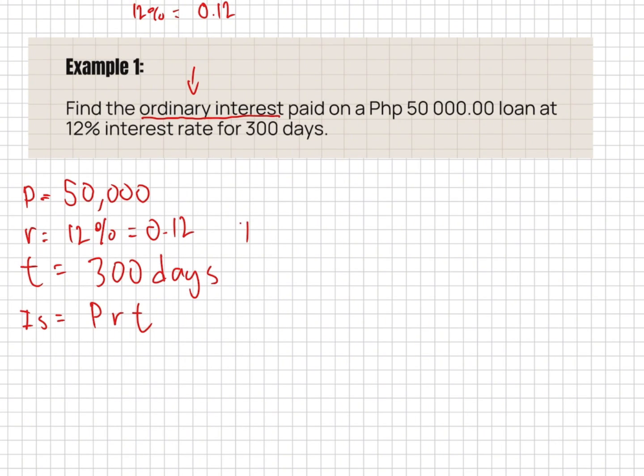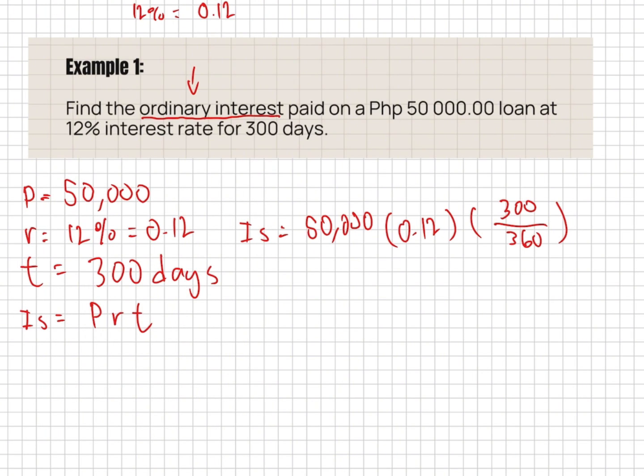Simple interest is equal to the principal amount, which is 50,000, multiplied by 0.12, which is the rate, and multiplied by 300 divided by 360 because we are using ordinary interest.